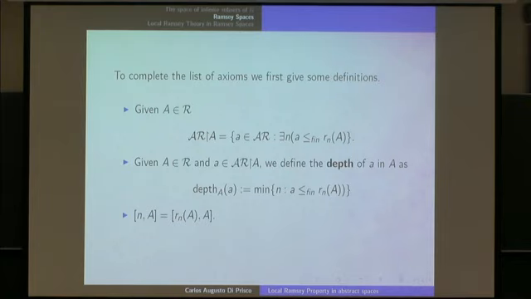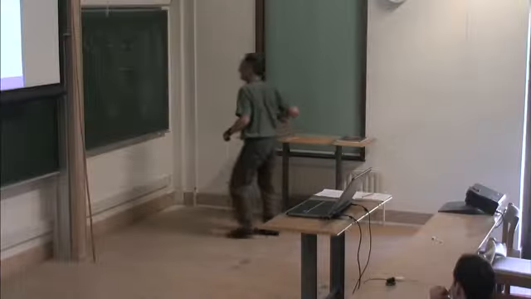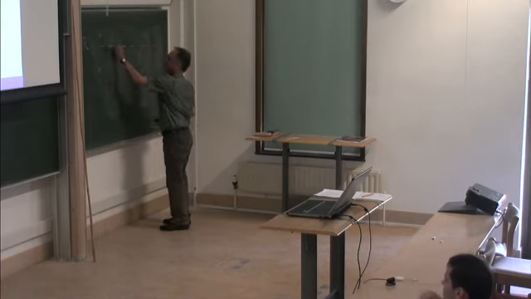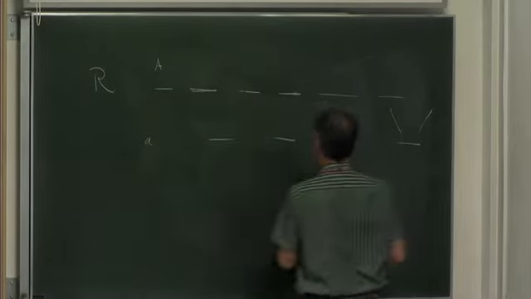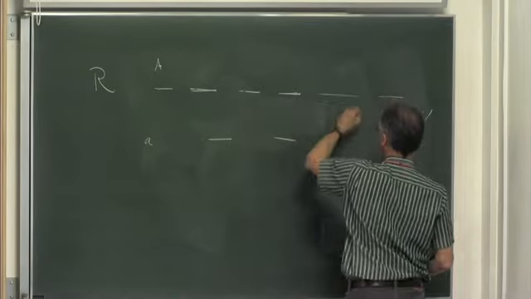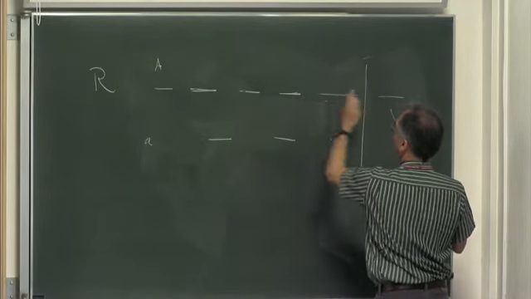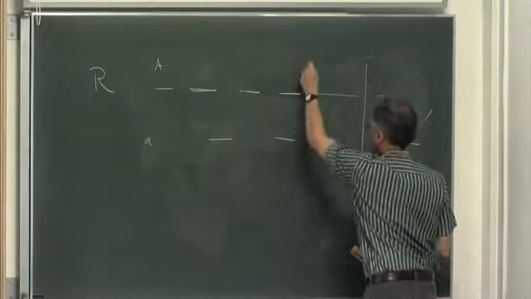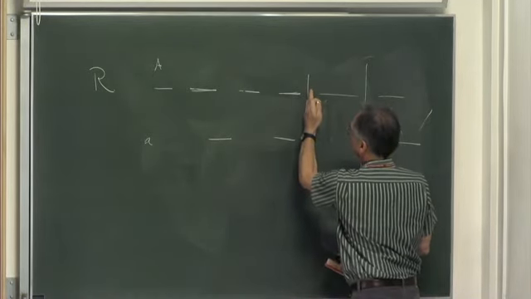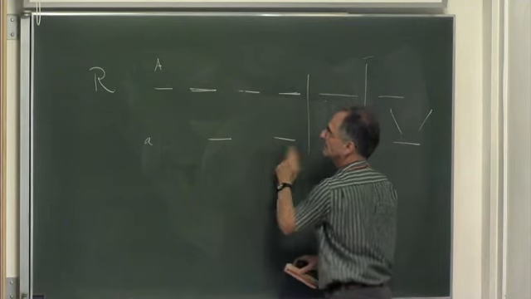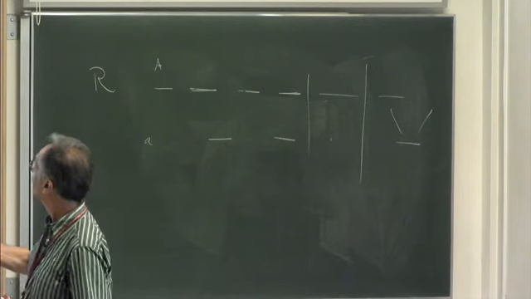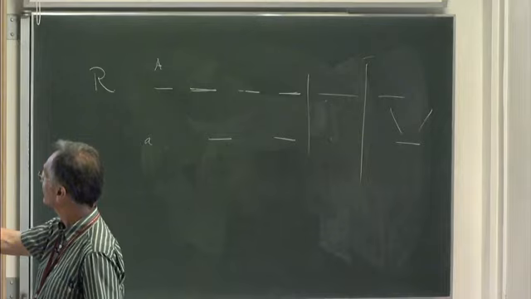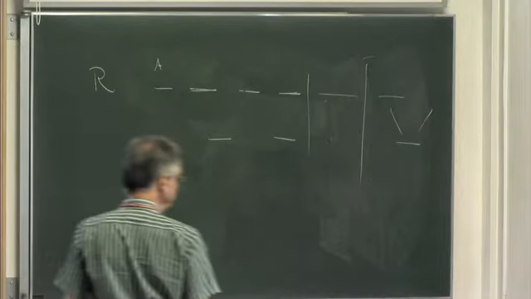For example, these two sets are below the 5th approximation of A, but also below the 4th approximation of A, and the smallest n I can get is called the depth of this small a in big A. That is the next definition.